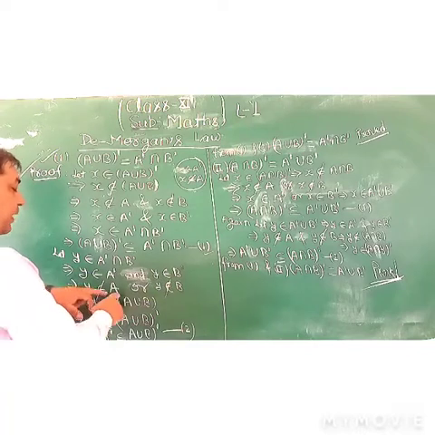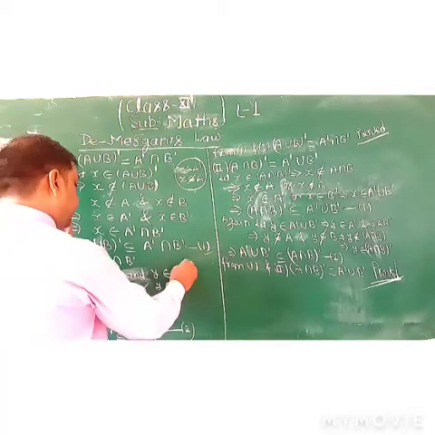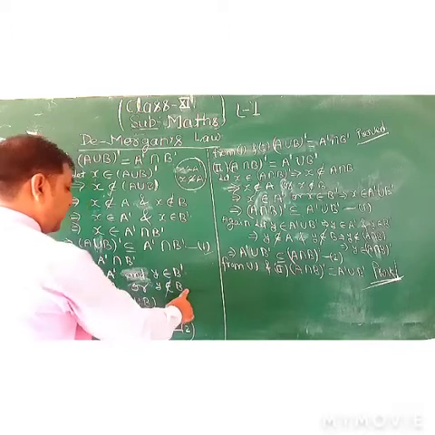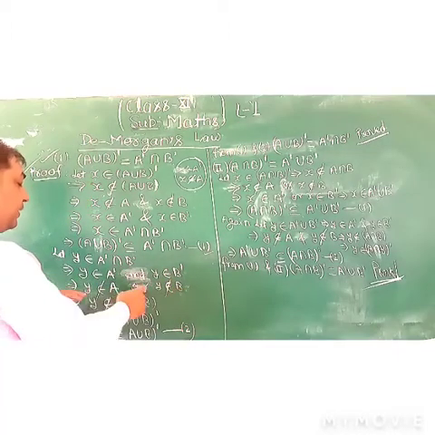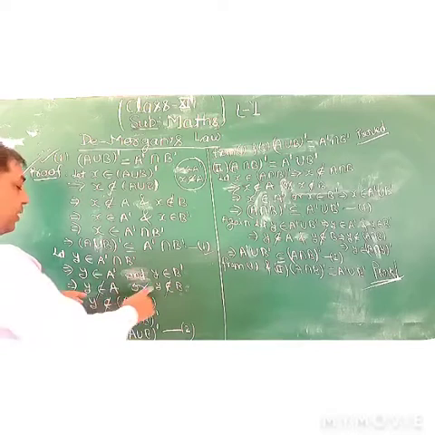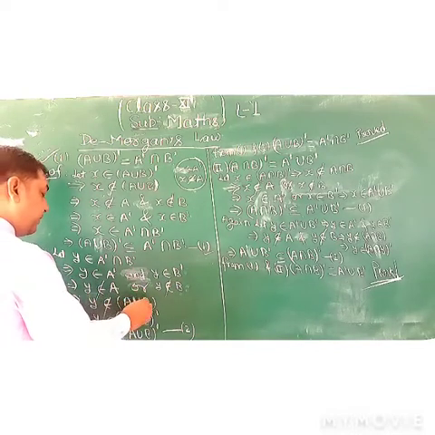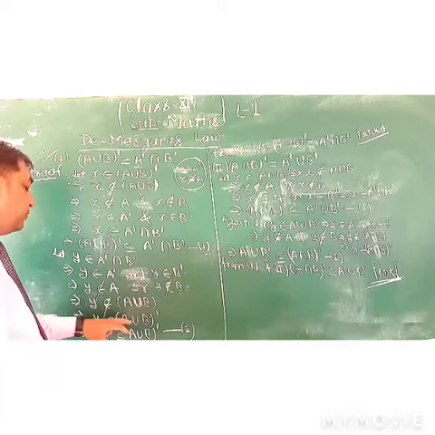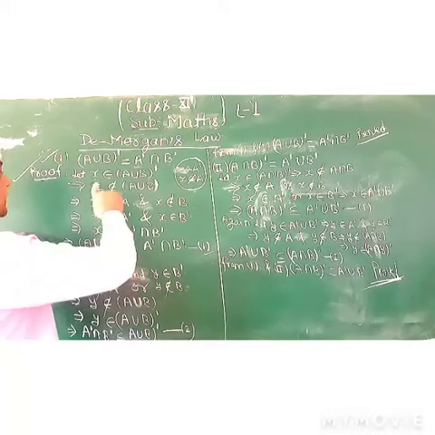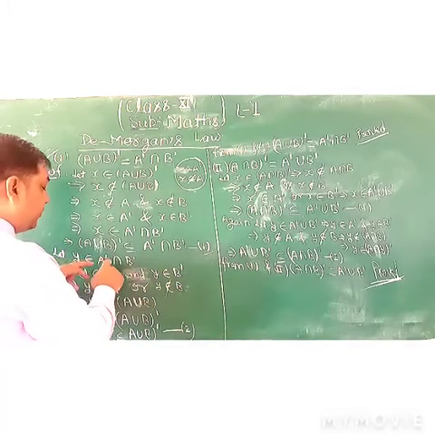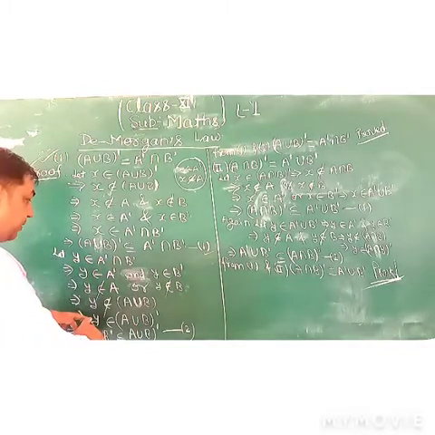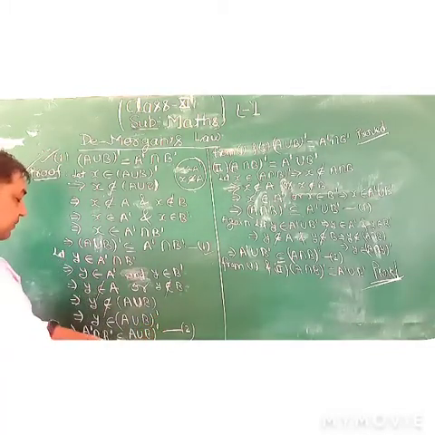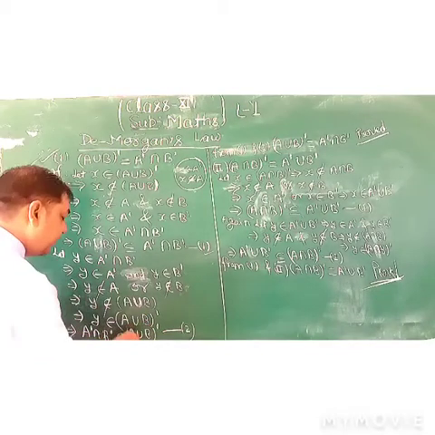So y does not belong to A and y does not belong to B. यहाँ पे not हटाते हैं, एंड को और में कन्वर्ट कर दिया. यू नो और के लिए हम लोग क्या करते हैं, यूनियन रिप्रेजेंट करते हैं यहाँ पे. So y does not belong to A union B, so y belongs to (A union B)'. Since y belongs to A' intersection B' and y also belongs to (A union B)', A' intersection B' is a subset of (A union B)'.